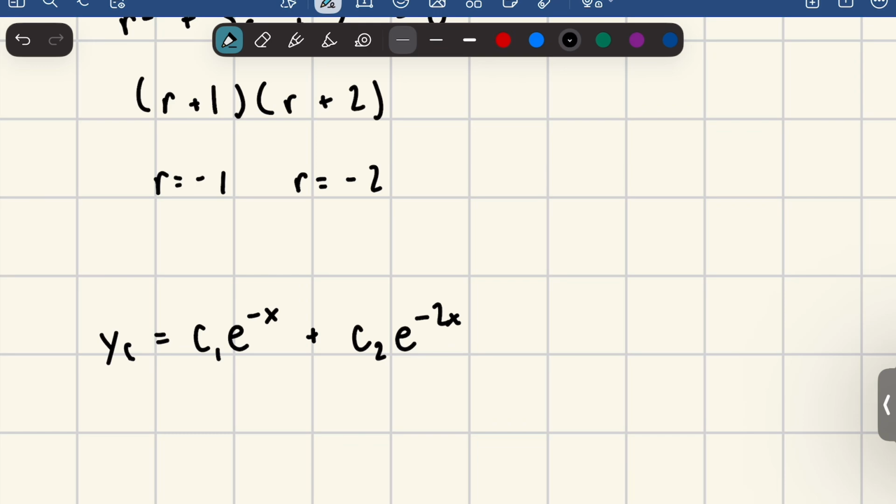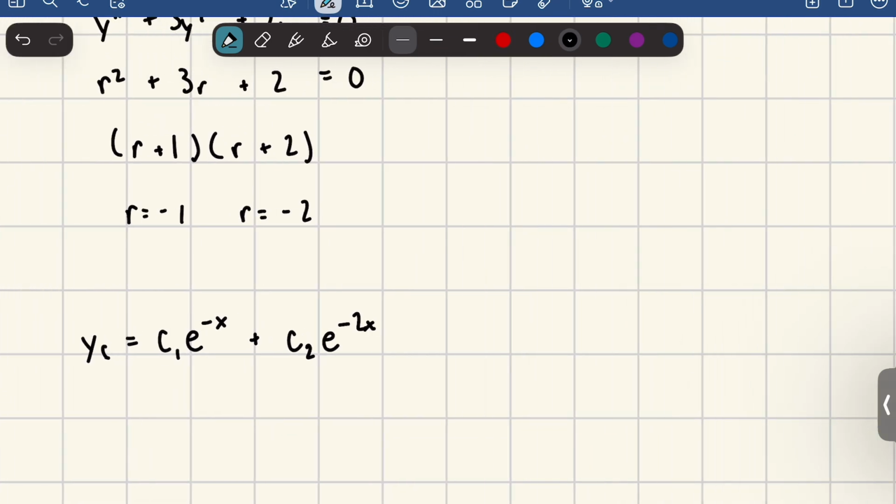Okay, so 4x squared makes me think the particular solution is like an ax squared. I'm trying to think back.